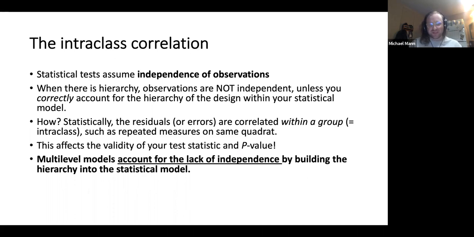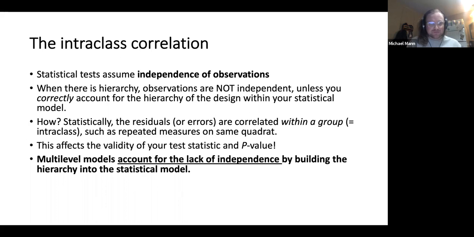The problem is that the students within that same class might have similar scores because of how that teacher was presenting the material. So the observations of those students aren't unique, and therefore they're going to be highly correlated. So when there's a hierarchy, they're not independent, so we need to correct for this. The good thing is we can build these hierarchical models we talked about.